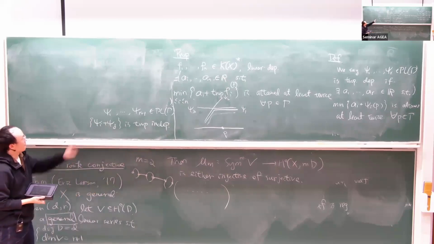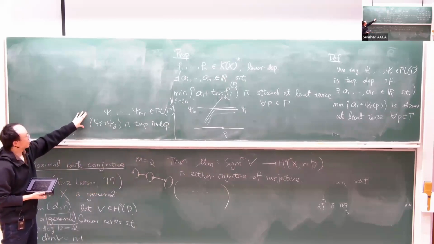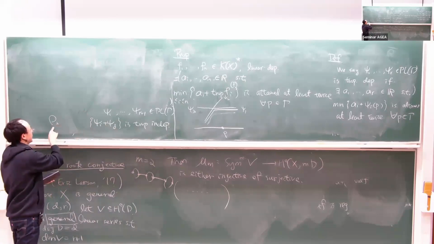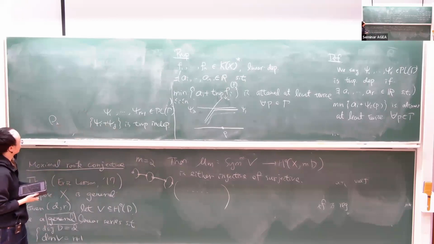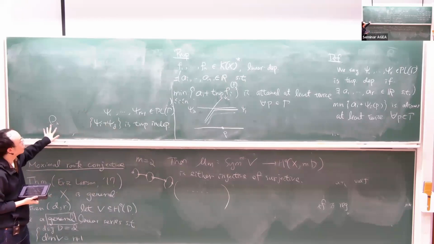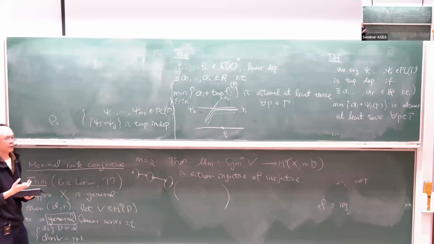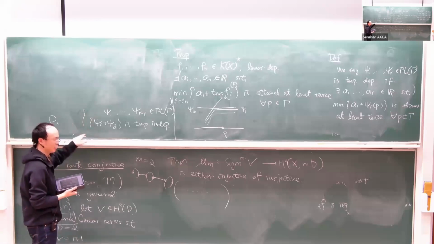So if you can find such a set of functions, then you can prove that if M is equal to 2, then you have the maximum rank conjecture. So the crucial part is to find such a set of piecewise linear functions, and they only managed to prove the existence of such a thing when M is equal to 2.